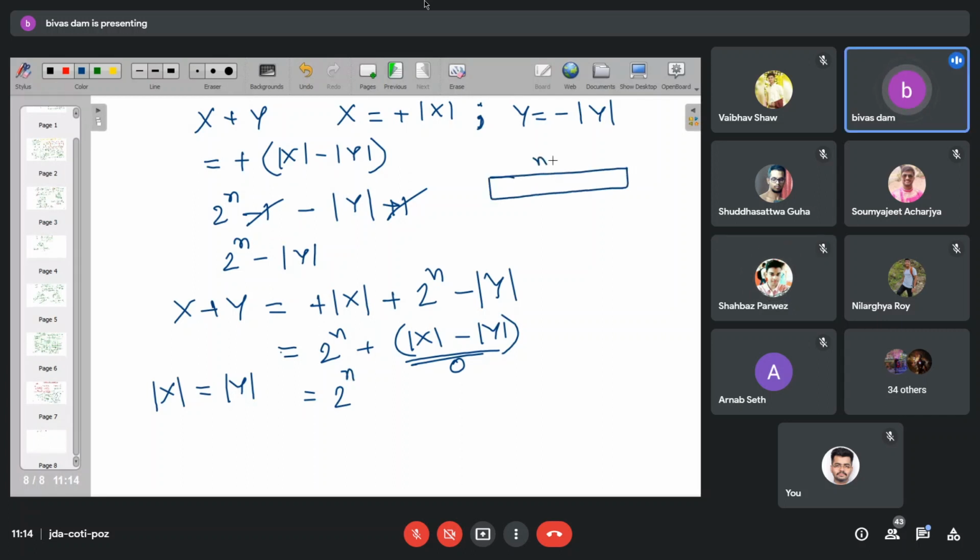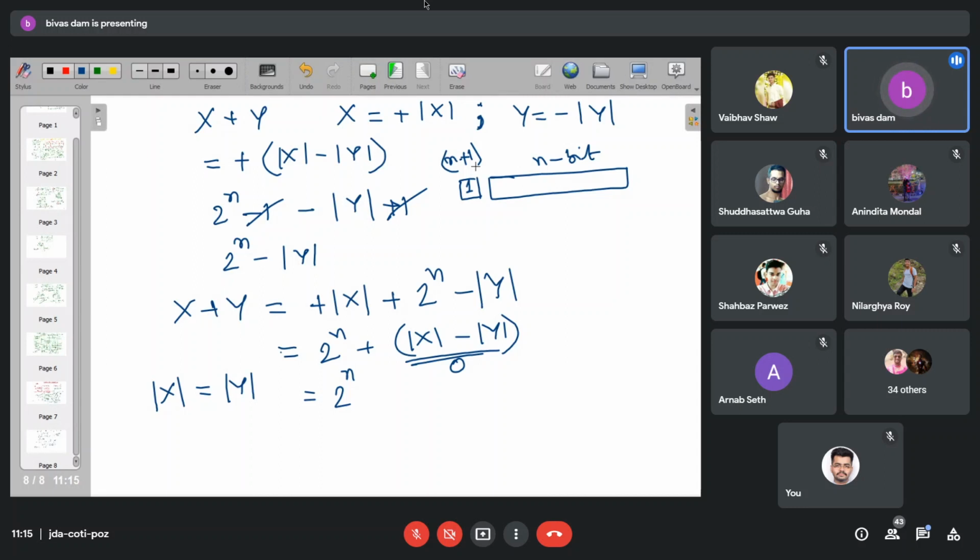This is your n-bit pattern. We have seen it in the last class also. So the final carry. This is one carry at the n plus 1 bit position. Okay, so this 2 to the power n is nothing but the final carry or the end around carry.